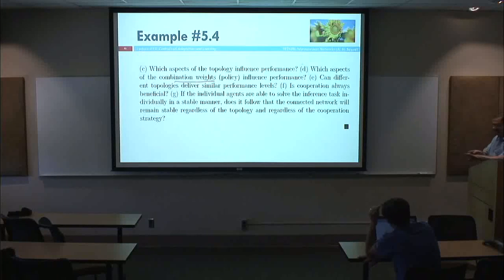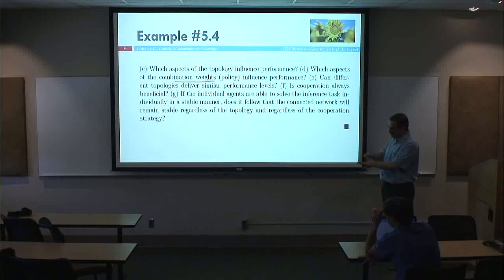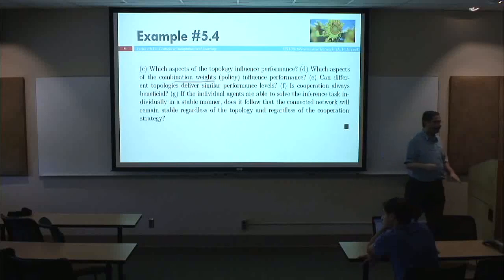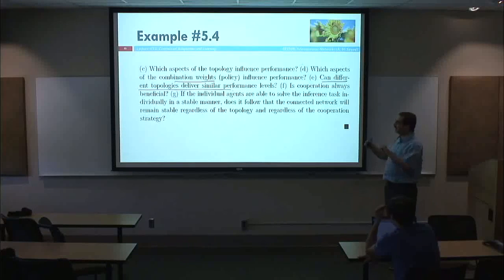So not just the topology, not just how the agents are connected to each other, but what weights they will be using on these links also influences performance. In what way? Can different topologies be made to deliver similar performance? Can I always make different topologies over the same nodes deliver the same performance?